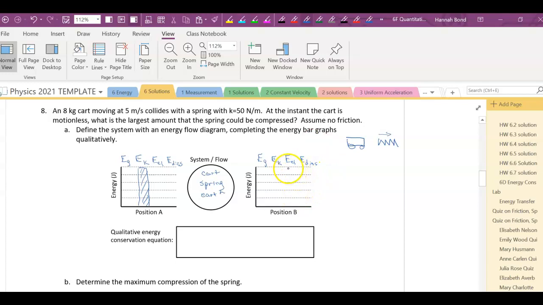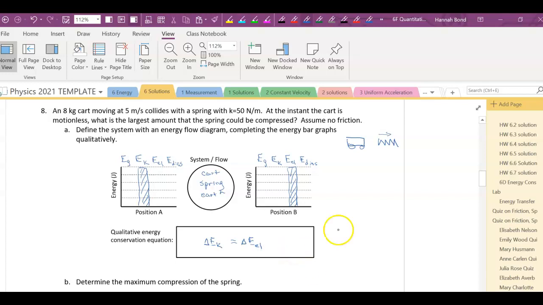And so I think all of that energy that originally was kinetic has now been redistributed in this system to be the elastic potential energy stored in the spring. If I wrote my conservation equation, it would say that the change in the kinetic energy equals the change in the elastic potential energy.